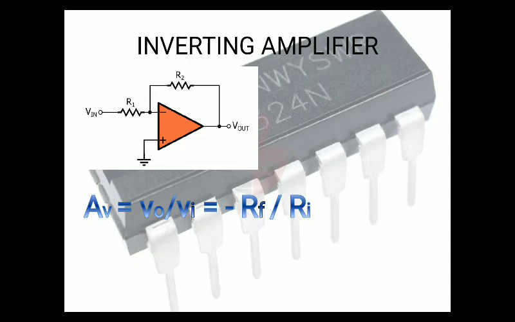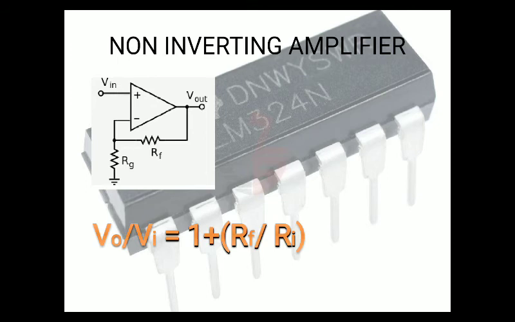And here there is a feedback given to the output terminal from the input terminal. Here R1 is the input resistance and R2 is the feedback resistance. Then voltage gain AV is equal to V0 by Vi is equal to minus Rf by Ri.